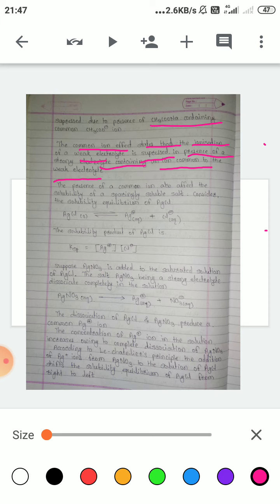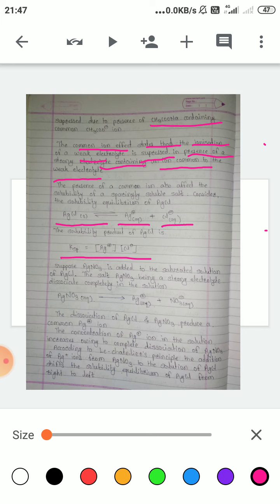Now we can see the same common ion effect for silver chloride and silver nitrate. Silver chloride is a weak electrolyte, so it dissociates partially and forms silver ion plus chloride ion in aqueous solution. We can write the solubility product for AgCl: Ksp is equal to the concentration of Ag plus times the concentration of Cl minus.